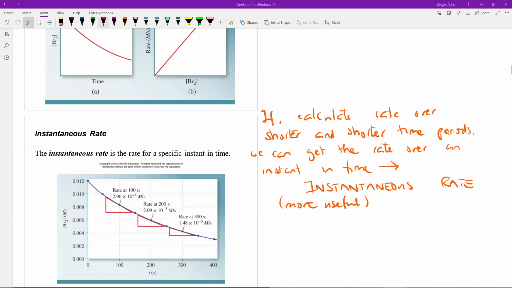So what that is actually equal to is, and we've seen before, if we plot the concentration of bromine in our reaction over the course of time, you see the concentration of bromine decreases, right? And it decreases not in a linear fashion, it decreases in a curve, sort of like an asymptote. And what the instantaneous rate would represent on that curve is actually a tangent to that curve.